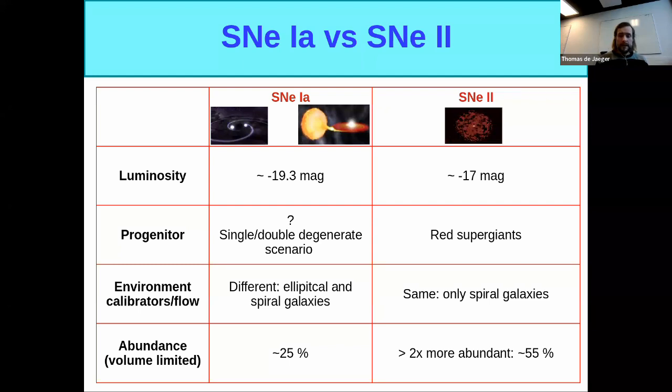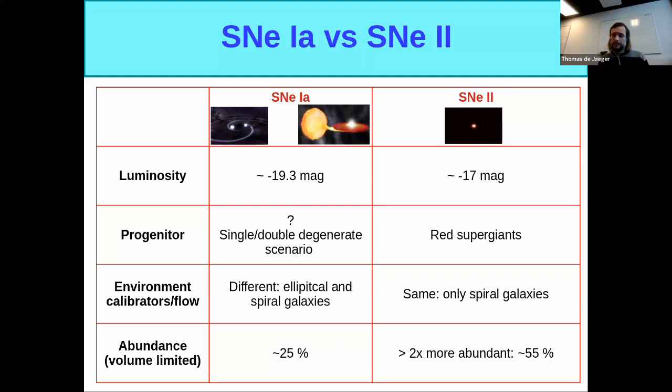I think also a nice thing is the environment. All the Cepheids are found in spiral galaxies, of course, and type 1a supernovae can be found in spiral and elliptical galaxies. So between the second and the third rung of the distance ladder, when you use type 1a supernovae, you don't have the same environment between the second rung and the third rung.